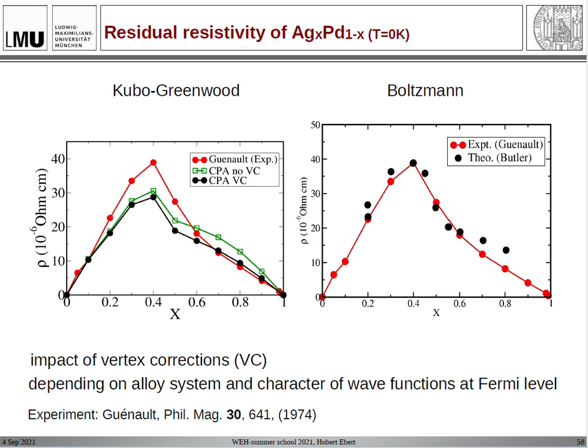So we still use here a regular grid and allow only for lifetime effects due to chemical disorder. We don't have any lattice distortions or whatever, or imperfection of the lattice.